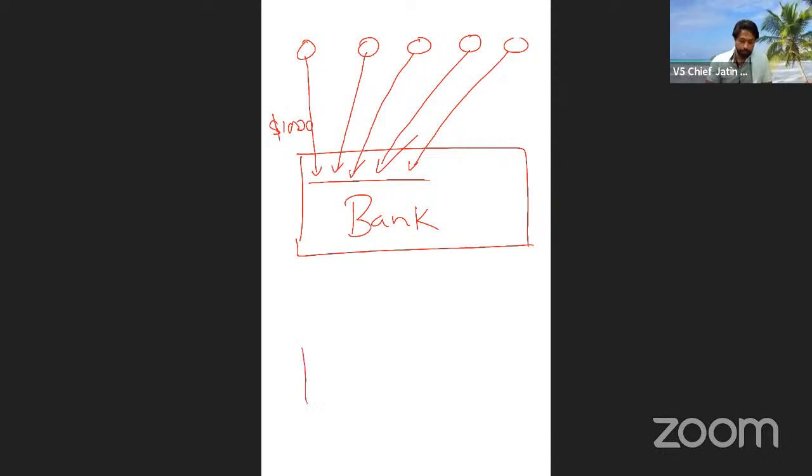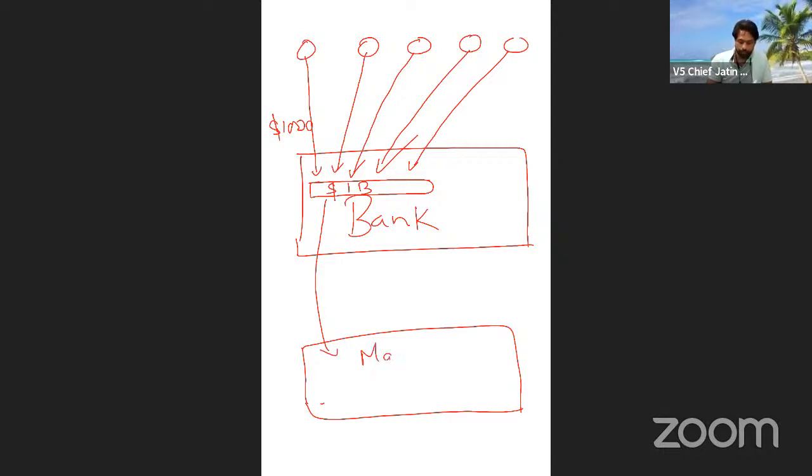Now the bank takes away money from people, maybe say $1 billion, to the marketplace. Now what is the marketplace?